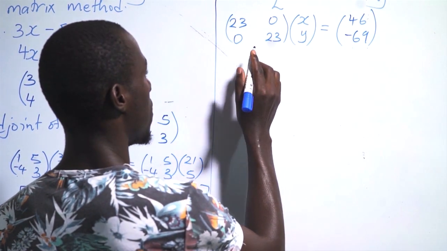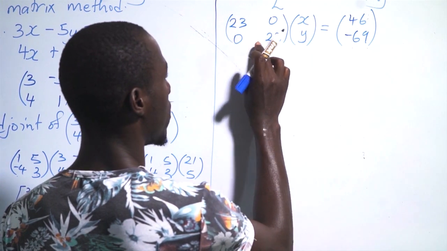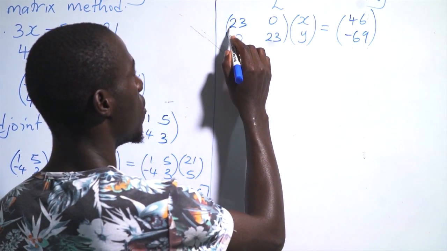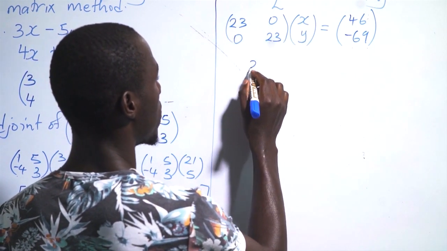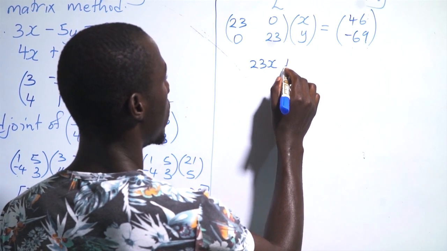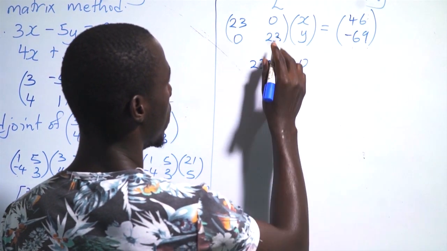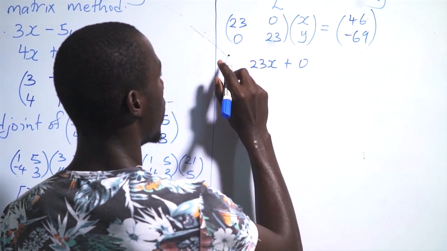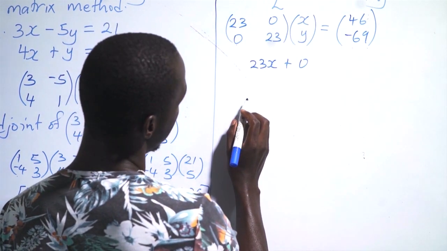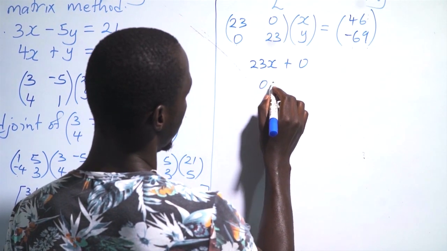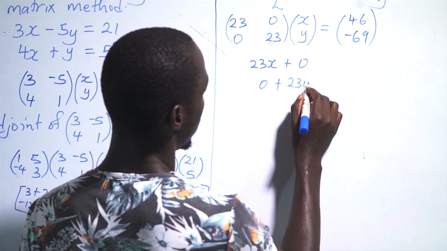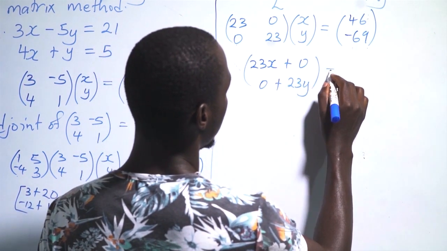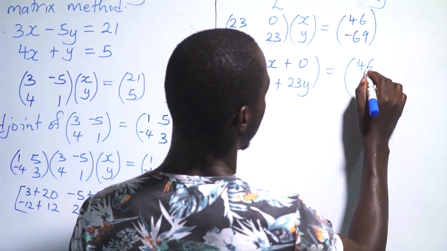Then I again multiply these two matrices, row by column, so that is 23x plus 0, y times 0 is a 0, then x times a 0 is a 0, then plus 23y is equivalent to the matrix on that side.